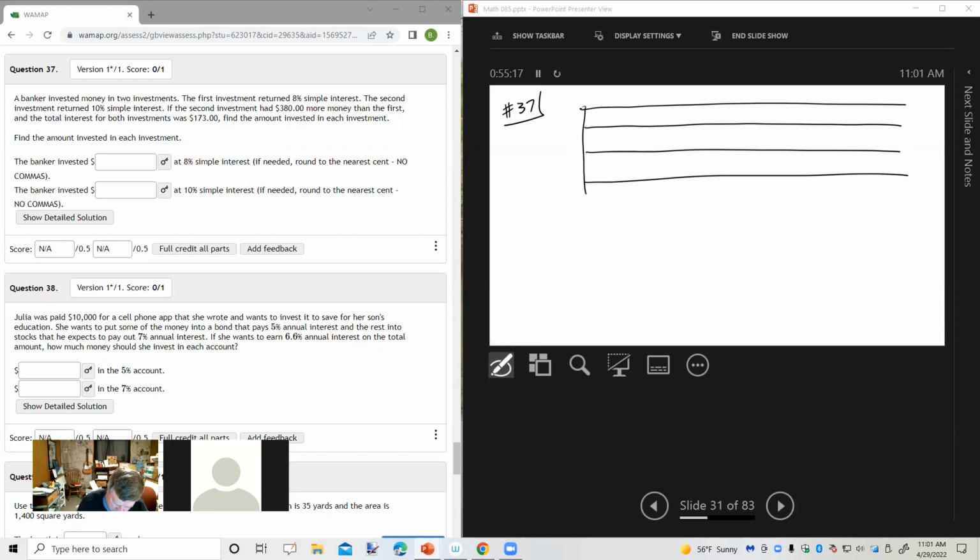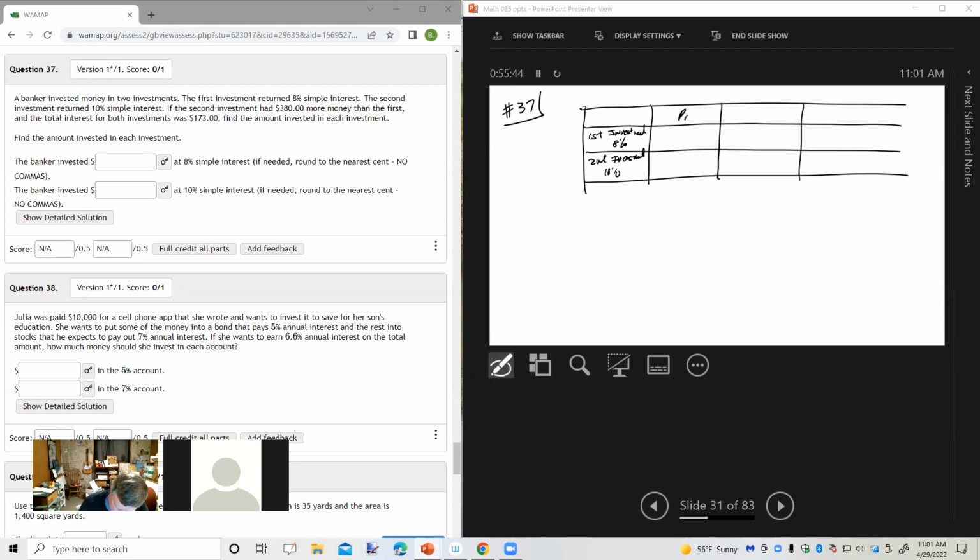And let's see here. We've got first investment, which was the 8% one, and second investment, which was the 10% one.